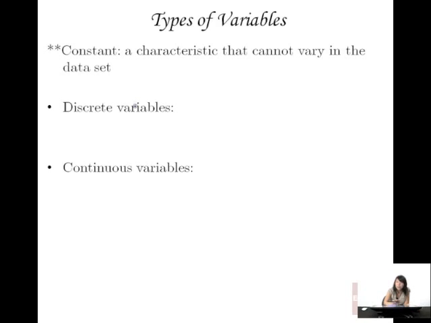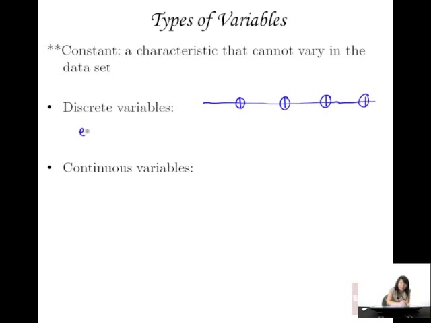One is discrete variables. When we talk about discreteness, we're talking about things that have very particular values. When you think about a number line, there are only certain places that can contribute a value to a discrete variable. So these are the only values allowed in a discrete variable.